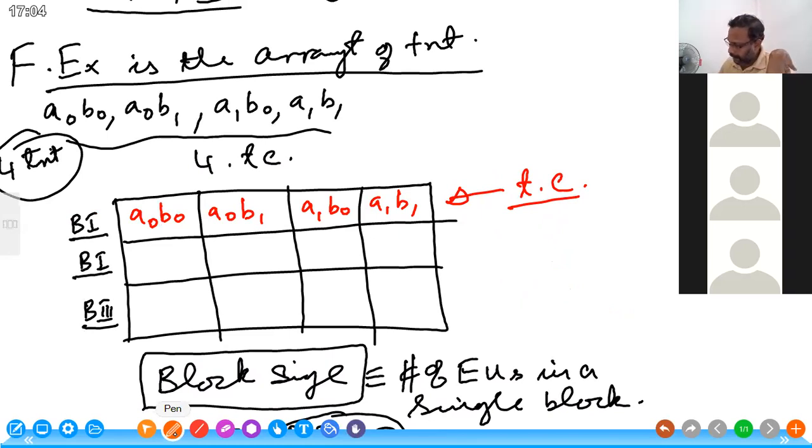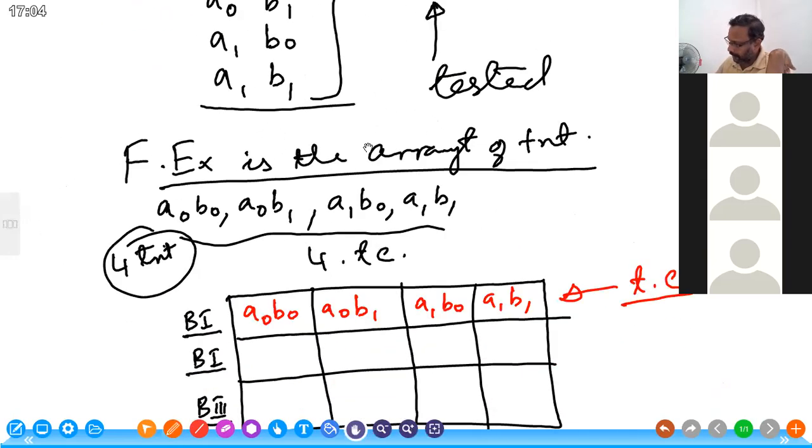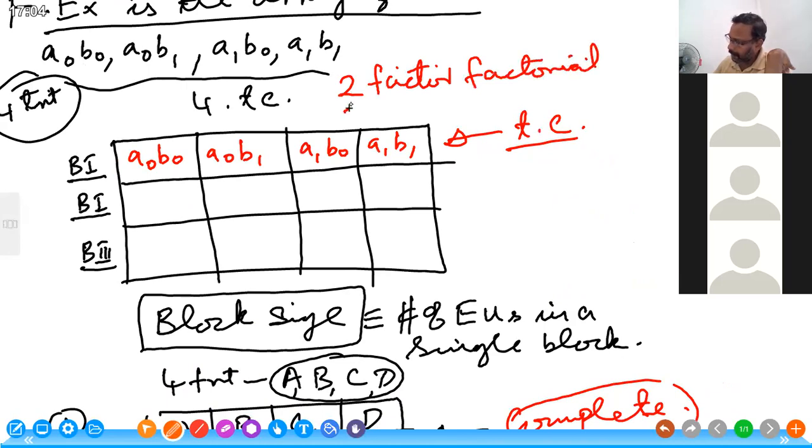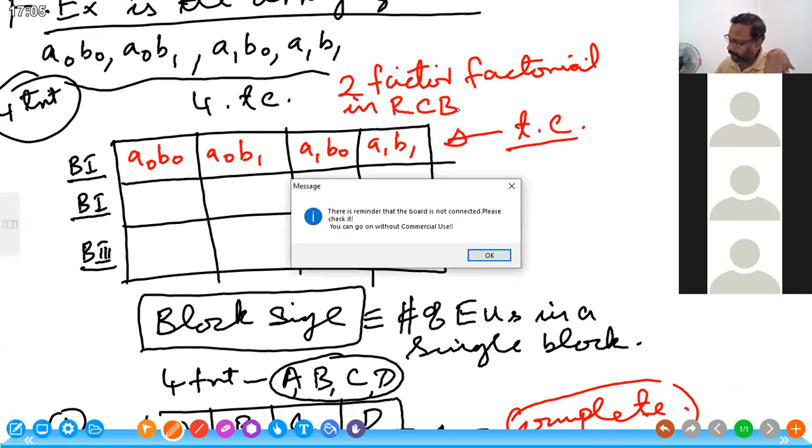So this experiment, variety and spacing, we call a 2-factor factorial in RCBD.